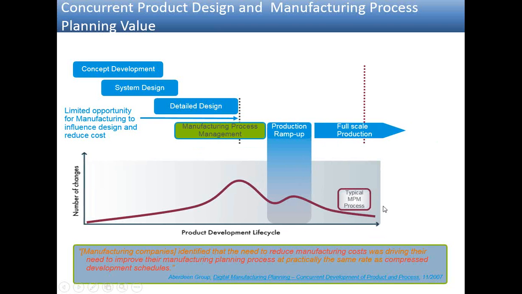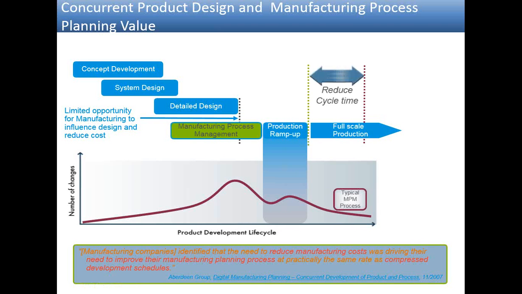If you consider concurrent product design, that is the simultaneous designing of both the E-BOM and M-BOM. What it means is that you can overlap the engineering design process and the manufacturing process. The advantage is that the engineer can identify the required design changes earlier in the design process with timely feedback from the manufacturing engineer.